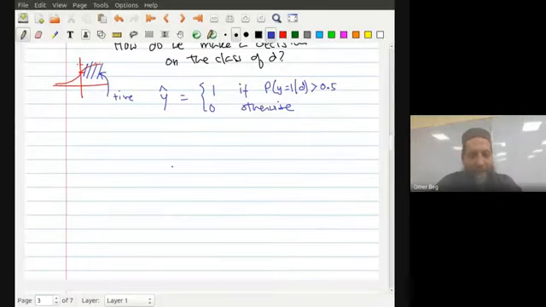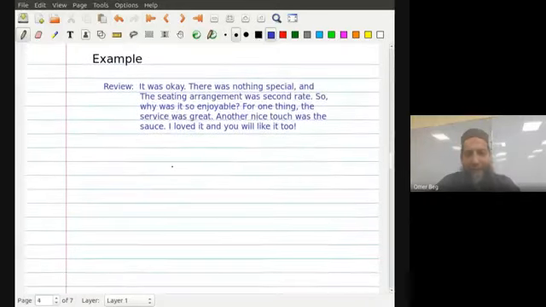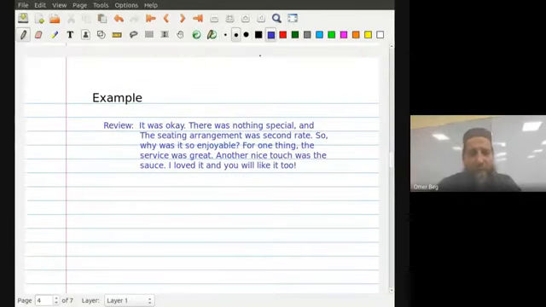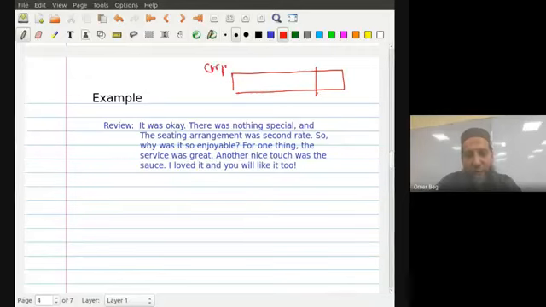So this is becoming interesting. Let's move on and see what this means using an example. I've taken a review as an example. Let me go back a bit and remember that you have a training and a test set in the corpus.